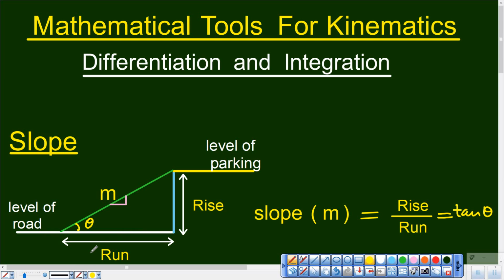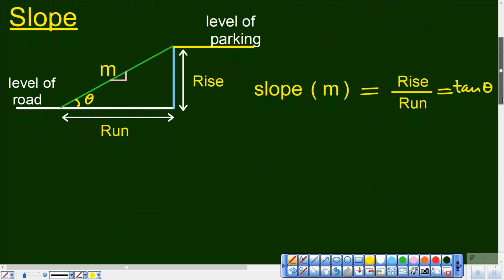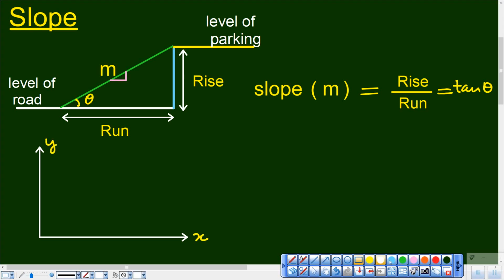In a more formal manner, the notion of slope can be understood by coordinate geometry. If I take x and y axes, and there are 2 points in the coordinate plane, you can call them x1 y1 and x2 y2.